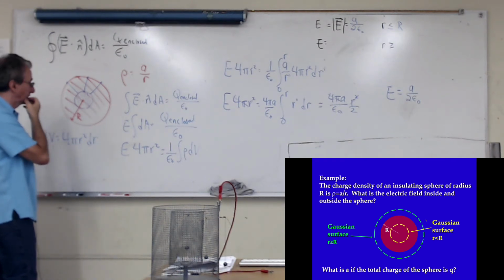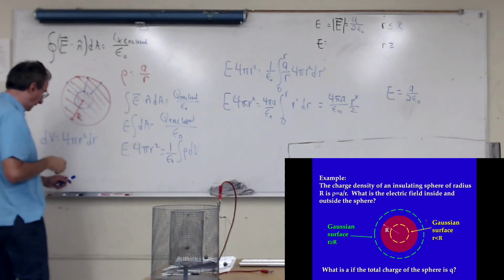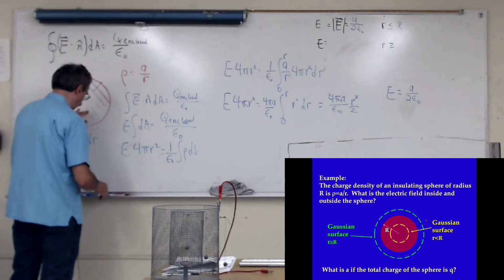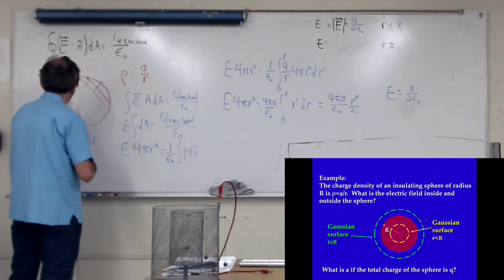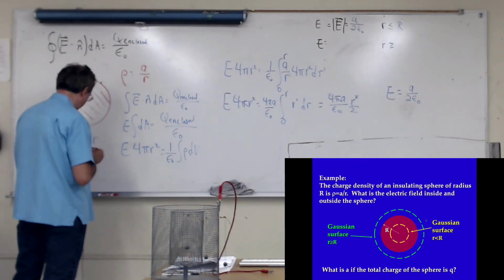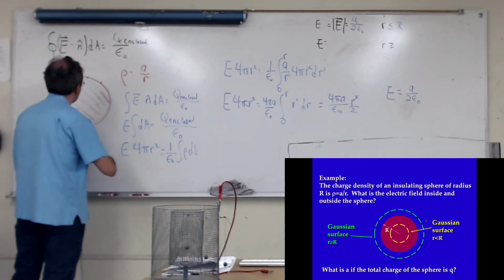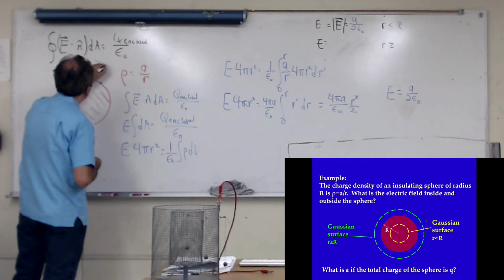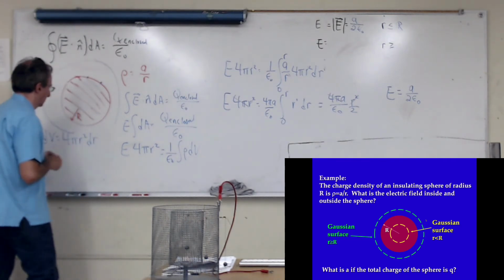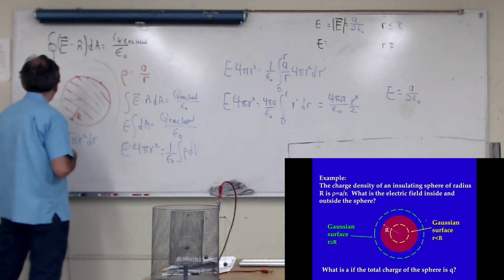What about outside? Well, if I want to do this outside, let me redraw this. Then I've got to choose a spherical Gaussian surface out here, of radius r, arbitrary radius r.